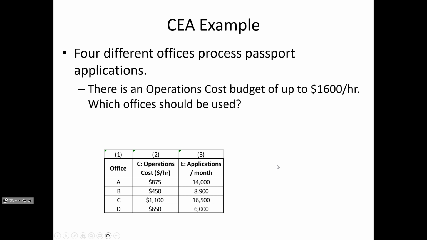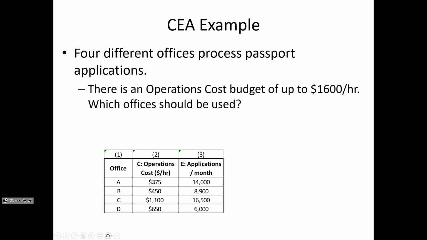Maybe the utilities are expensive in Fargo, but less expensive in New Orleans. And so each of them have their unique characteristics that could be expressed in terms of the operation costs, like how many dollars per hour does it take to have this office open.